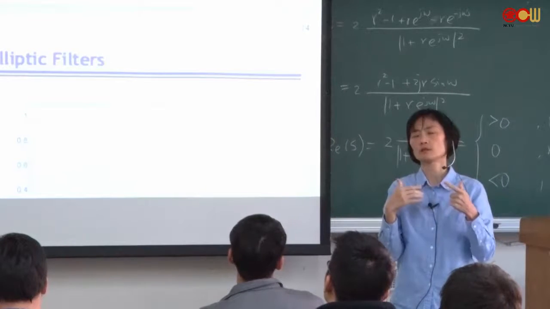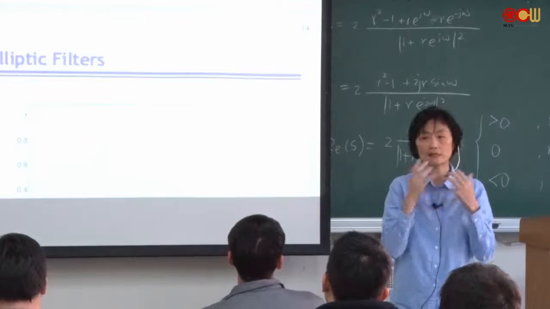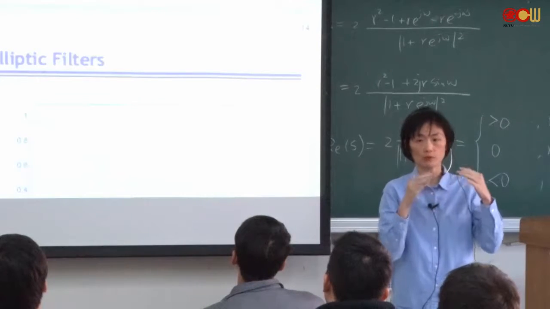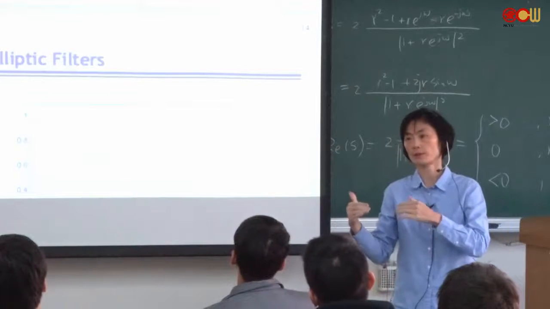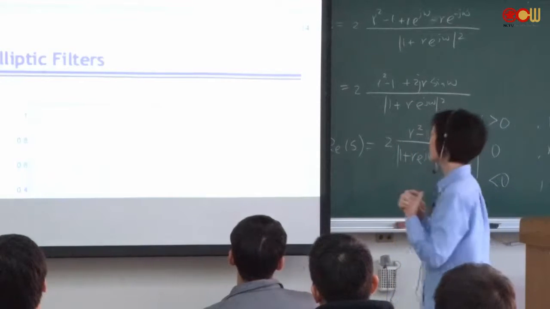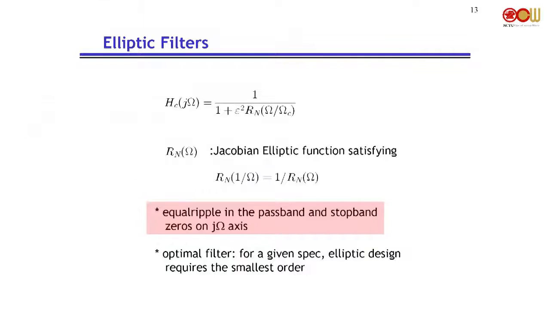So some don't even have ripples, like Butterworth, it doesn't have ripples at all, let alone equal ripple. And Chebyshev has some ripples either in the passband or stopband. So in one of the bands, it doesn't have ripples at all. But for the elliptic filter, it's equal ripple in the passband and stopband.